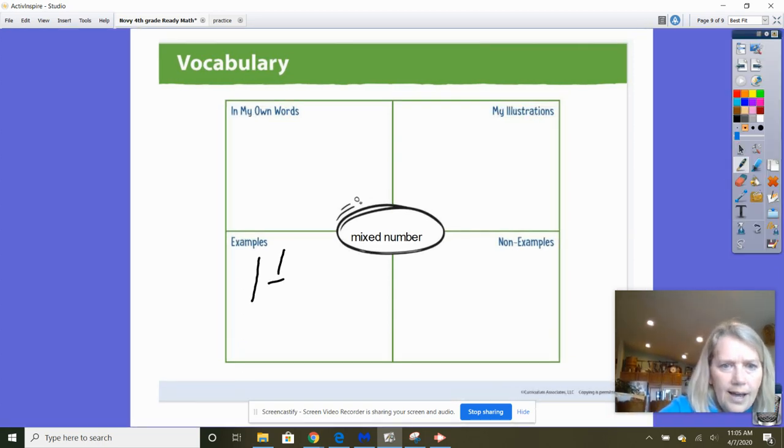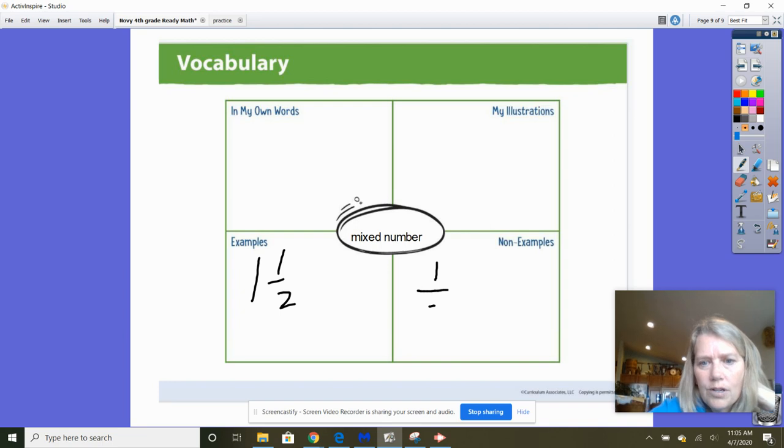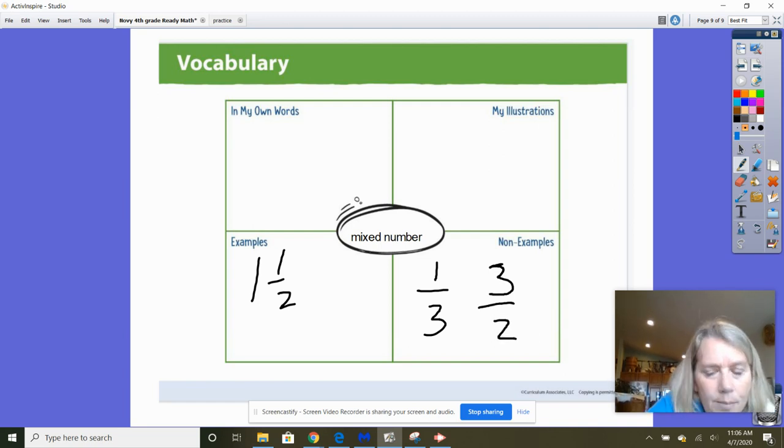So like 1 and 1/2 is a mixed number because it has a whole with a fraction. Here's a non-example. 1/3 is not a mixed number. There's no whole part there. Here's another mixed number. 3/2 is also not a mixed number.